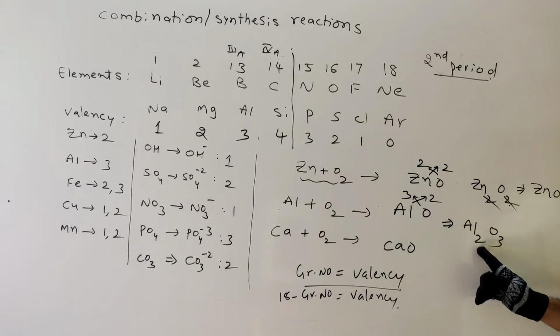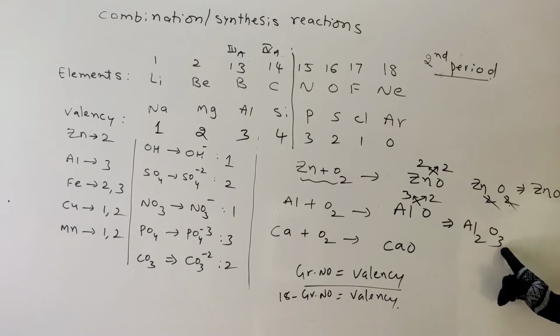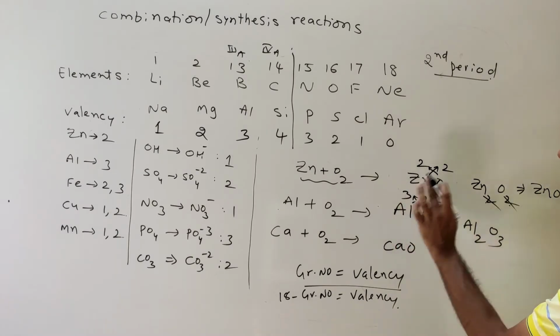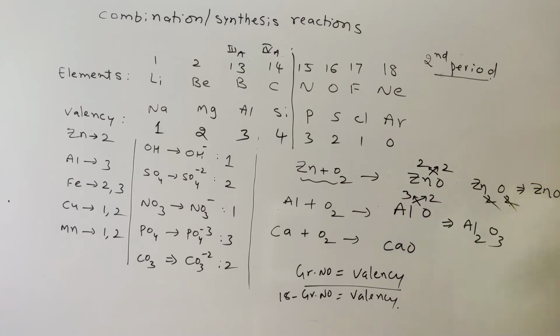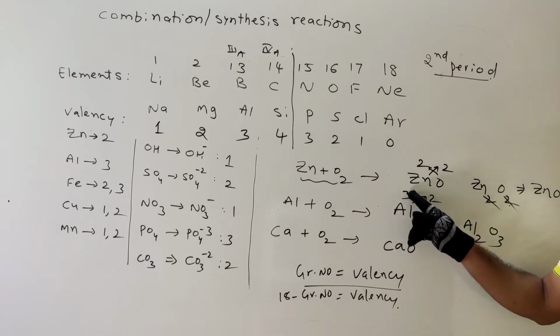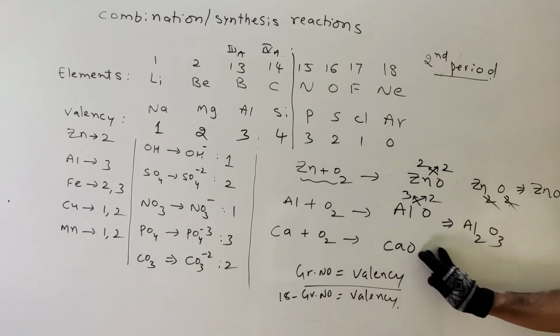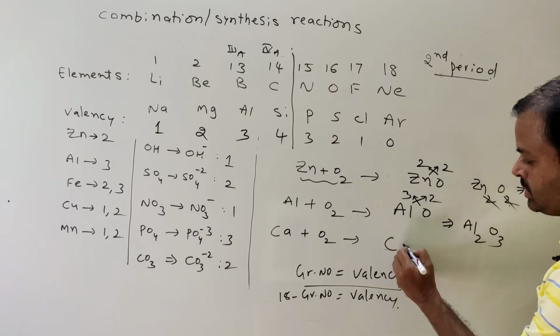That's why you should write aluminium oxide as Al2O3.